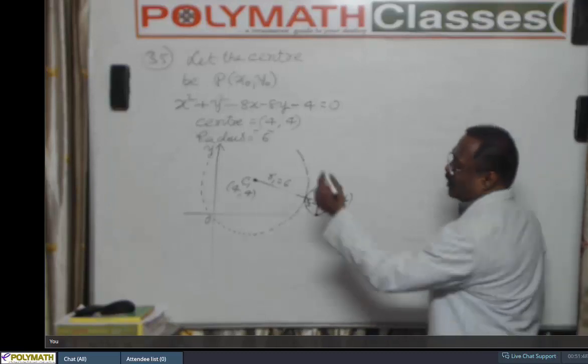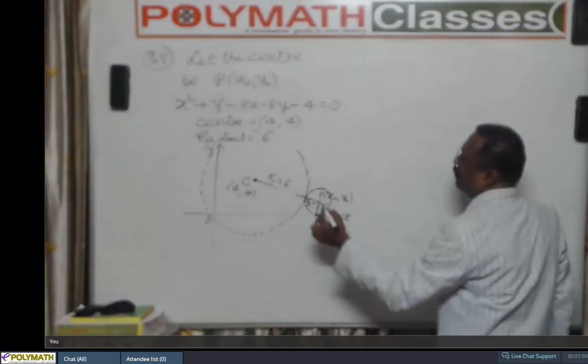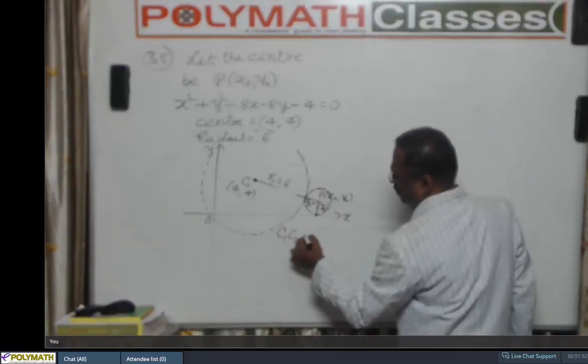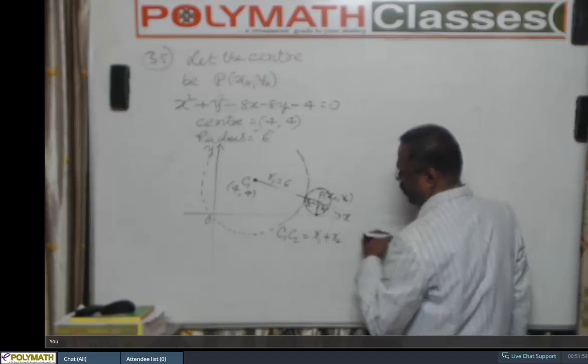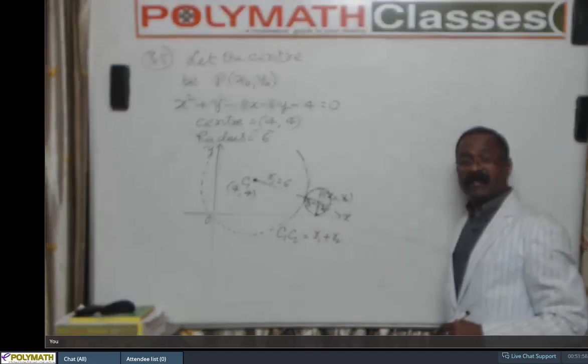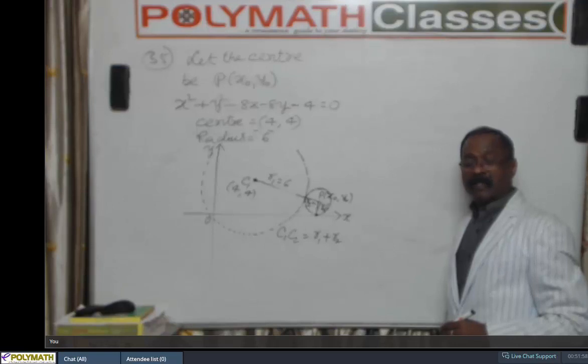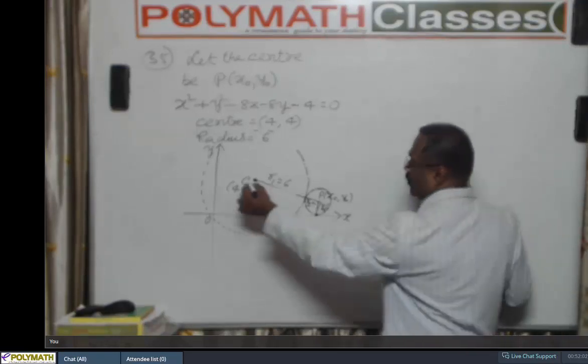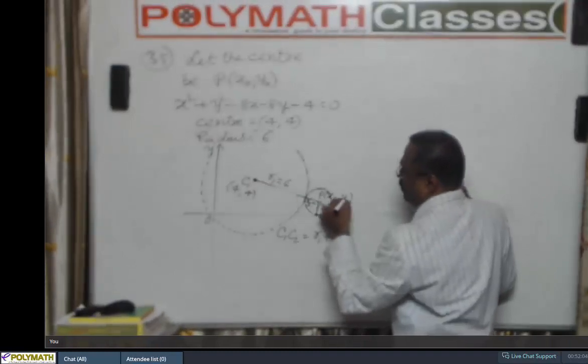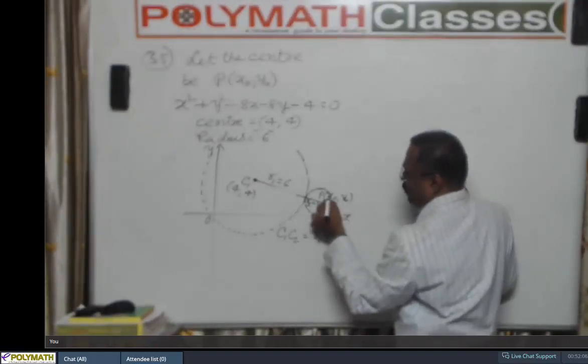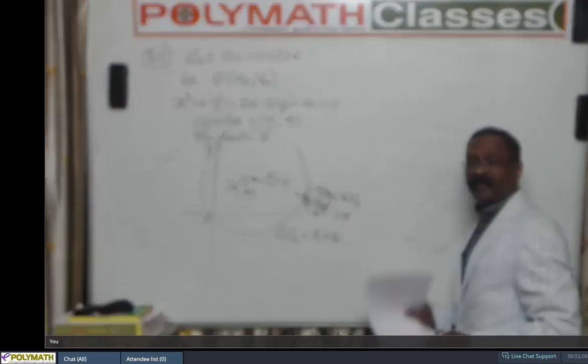Now C₁C₂ is equal to R₁ + R₂ because these two circles are touching each other externally. Now the distance between them, where C₂, which we have taken to be P, is on the locus.